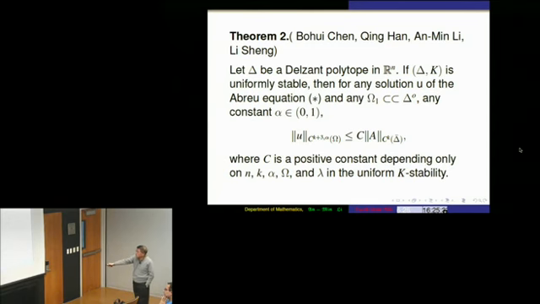If delta_K is uniform stable, then for any solution u of the Abreu equation, any omega_1 compactly contained in delta_0, and any constant alpha between 0 and 1, we have the following estimate: the C^(k+3,alpha) norm of u is less than some constant C, where C is a positive constant depending only on n, the dimension, K, alpha, omega, and lambda in the uniform stability.